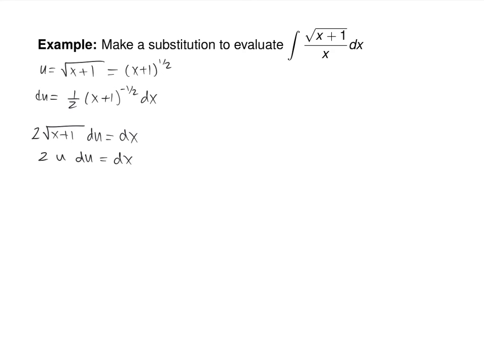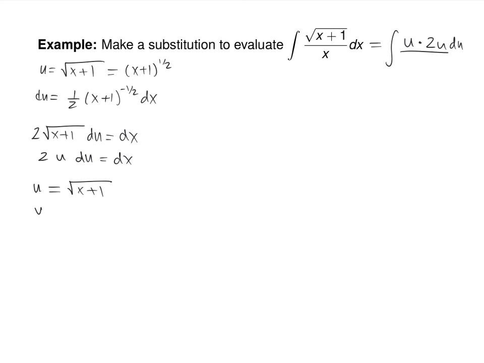So the parts of our integral we've replaced: x plus 1 is u, the dx is 2u du. How about the denominator? What would you replace x by? Great, you had u equals root x plus 1.